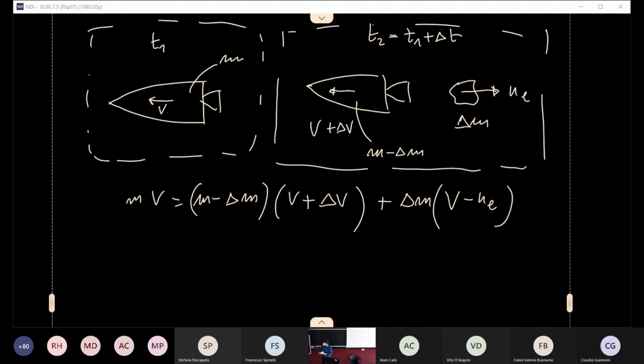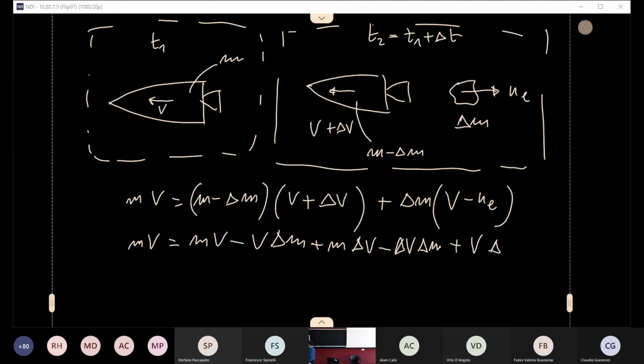Okay, so we can simplify. We have mv equal to mv minus v dm plus m dv minus dv dm plus delta m v minus ue delta m.